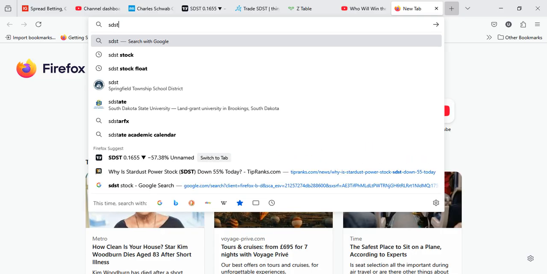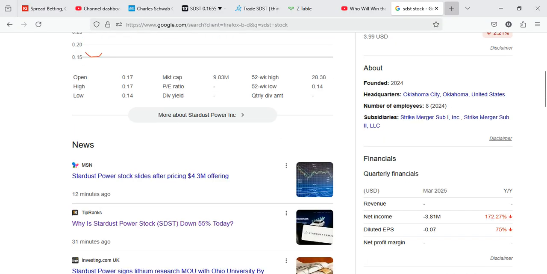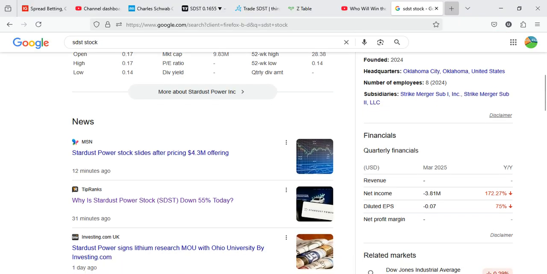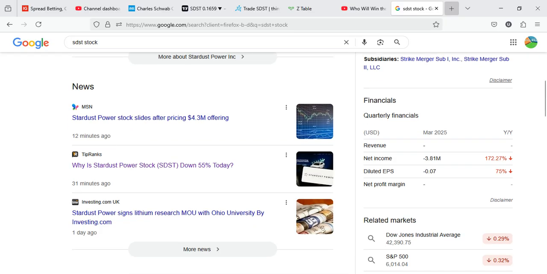SDST. Okay. Power slides after pricing $4.3 million offering. Okay, down 55% today. Power signs a lithium research MOU with Ohio University.